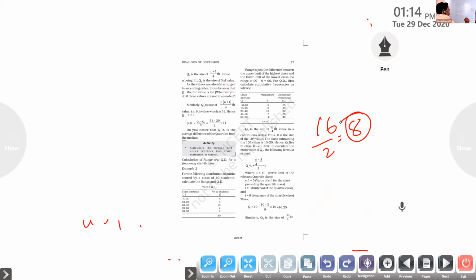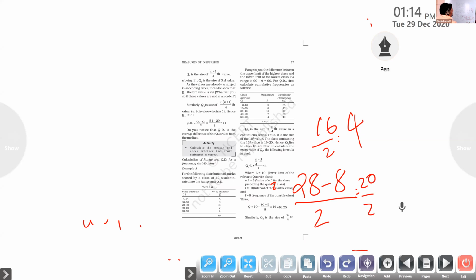So 16 we divided by, got 4. What is the fourth number there? 8. So what do I want to do here? What is the Q3? 28. So 28 minus 8 divided by 2. So 20 by 2, 10. Okay, 10. Fine.